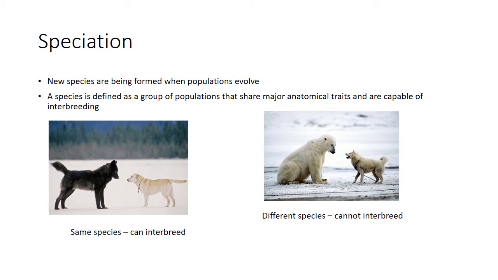Different species, well, on the right you see a polar bear and a dog. They cannot interbreed, even if they are somehow artificially forced to breed. The female will probably remain infertile, or will bear puppies that will not be very viable.